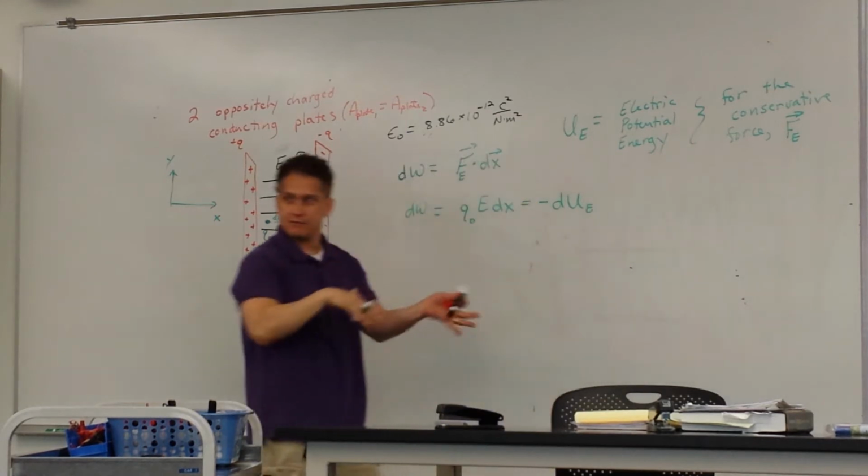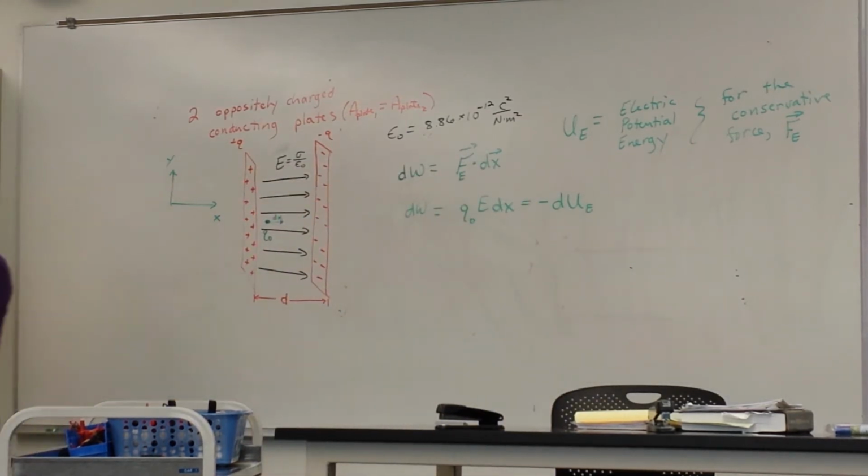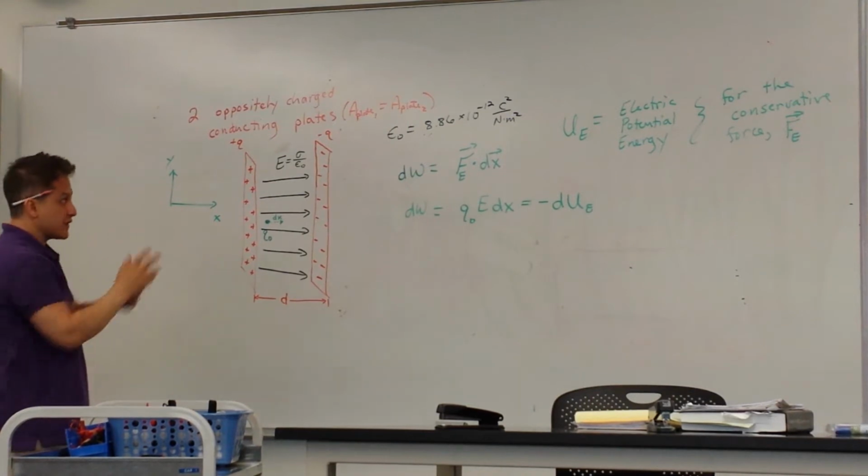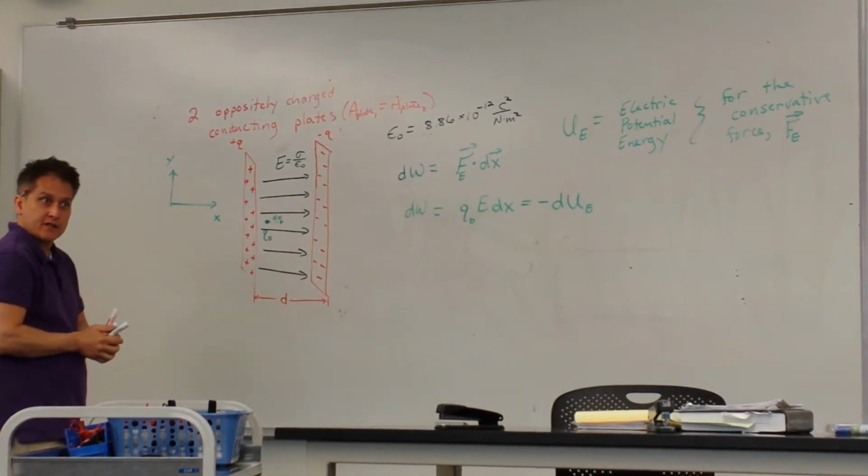Now, if there are drag forces, then potential energy is not the only energy there. There's always these other things going on, but to the extent that it's a conservative force, we can say this.